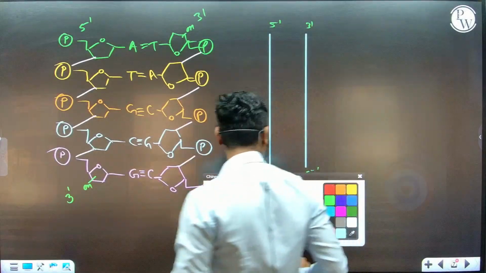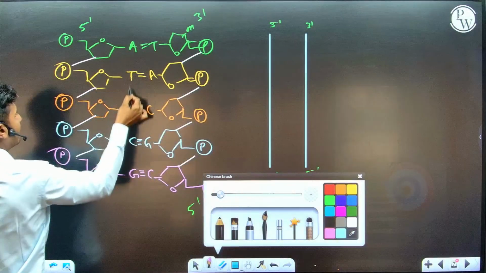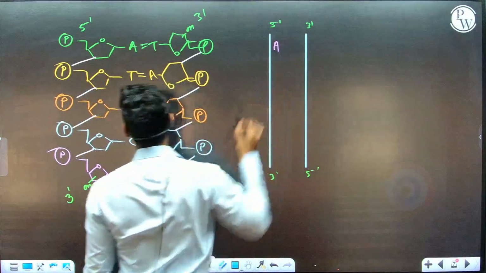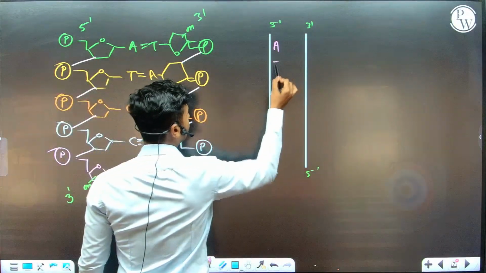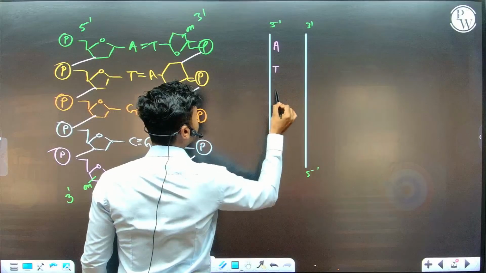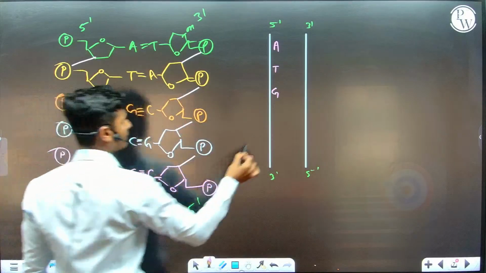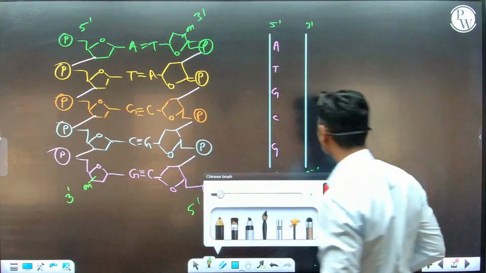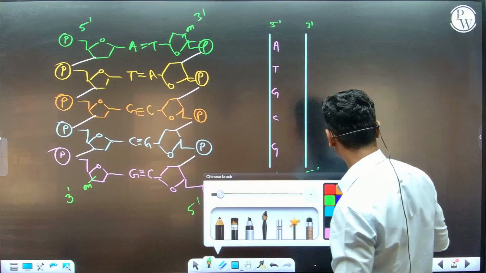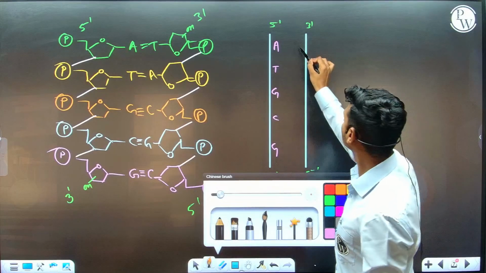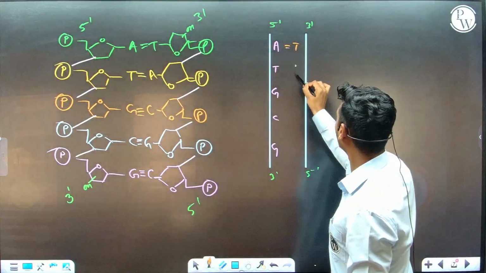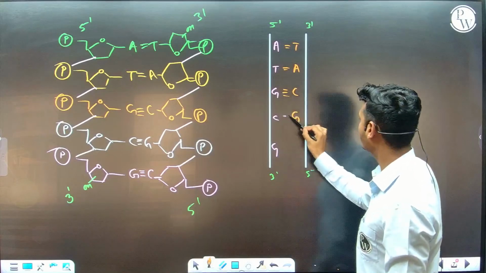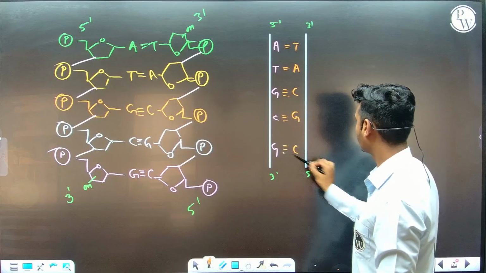Here is adenine, thymine, guanine, cytosine, guanine. A, T, G, C, G. On the other side, here is T. In between double bond, A, in between double bond, C, triple bond, G, triple bond, C, triple bond.